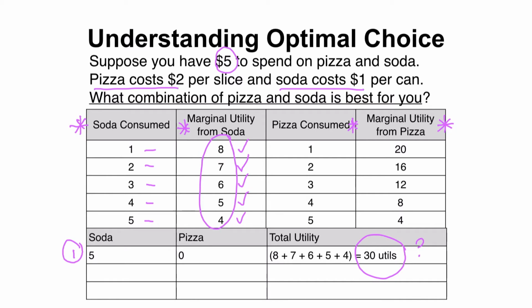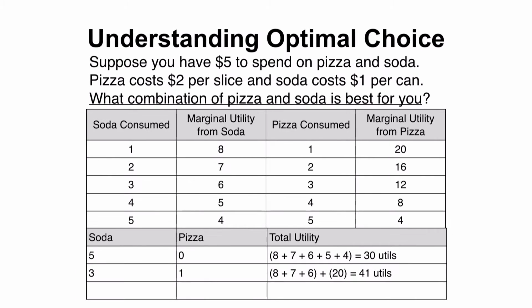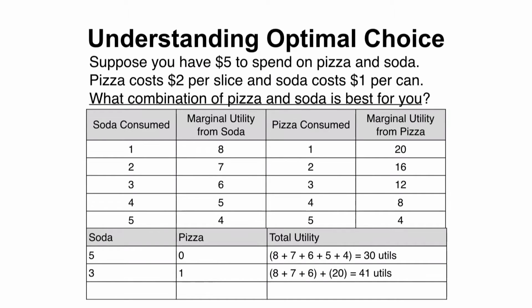Okay. What's our next option? Our next option is that we split our $5 budget between consuming some soda and some pizza. So let's assume that we spend $3 on pizza and $2 on soda. Still have our $5 budget. That tells us that in option 2, we consume 3 cans of soda and 1 slice of pizza. So what is our total utility?